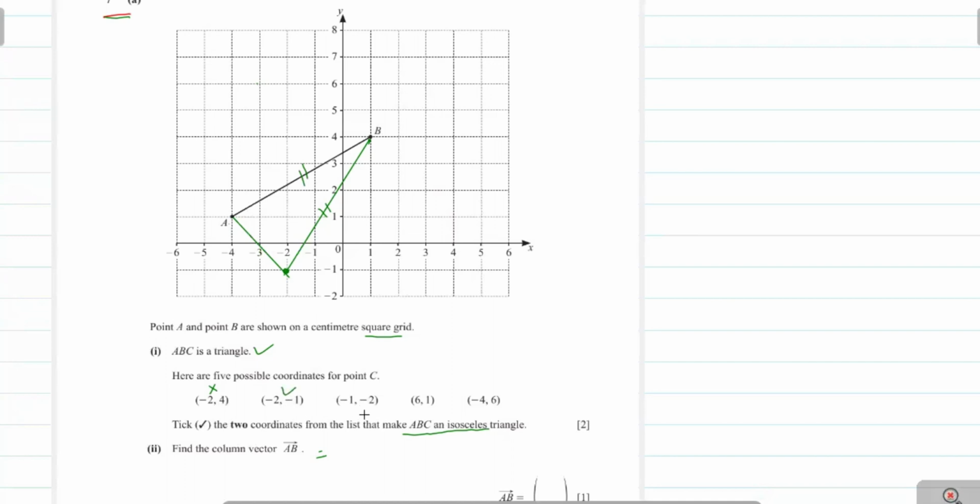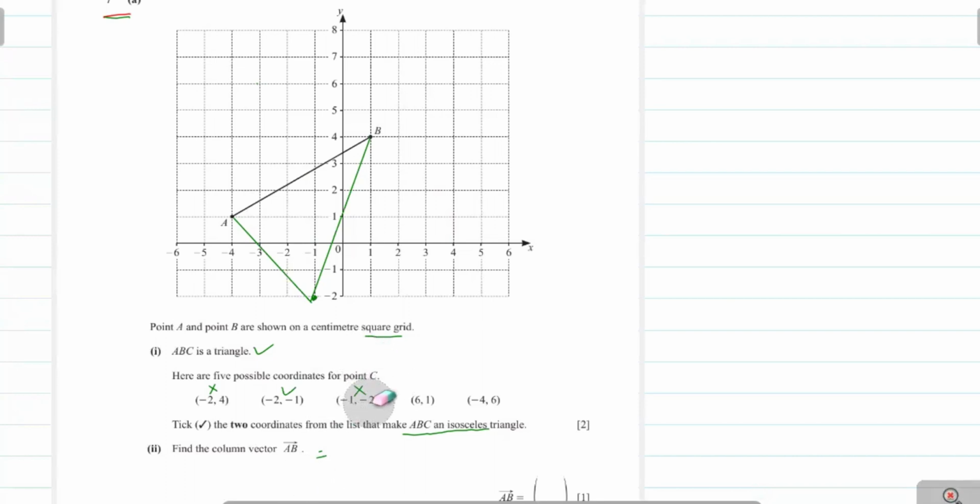Next, we will check the point (-1, -2). You see here this is the position, and from joining these lines you can observe that all lengths are different. Therefore, this is not the point C. Next, we will check (6, 1).